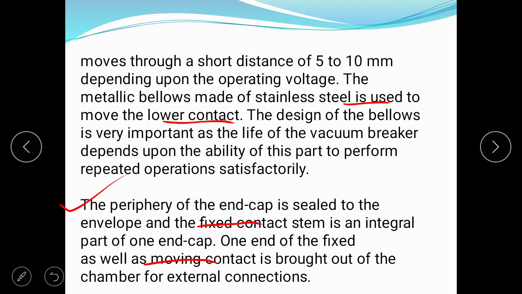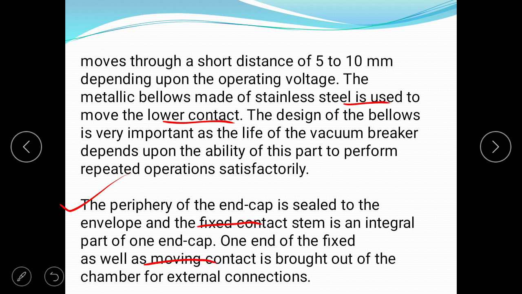Next advantage is current interruption occurs at the first current zero after contact separation with no restriking, making it exceptionally good for capacitor and cable switching and long line dropping.